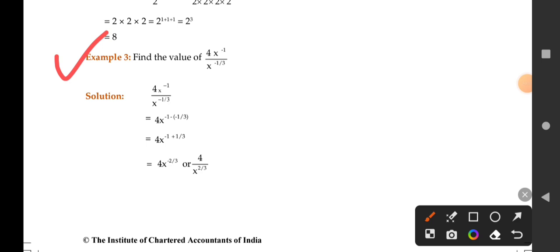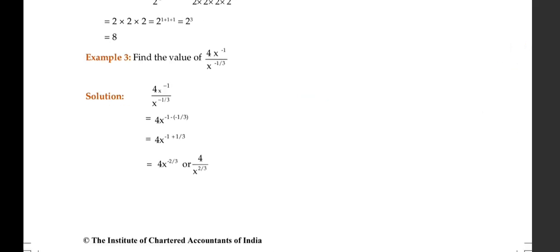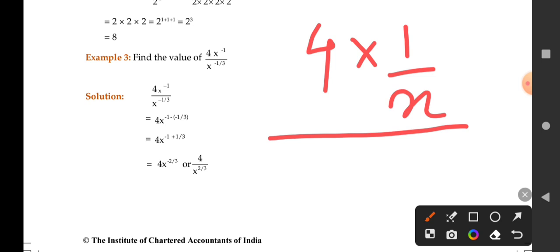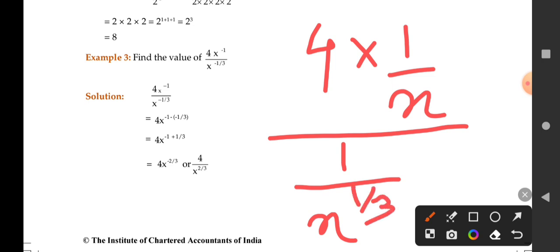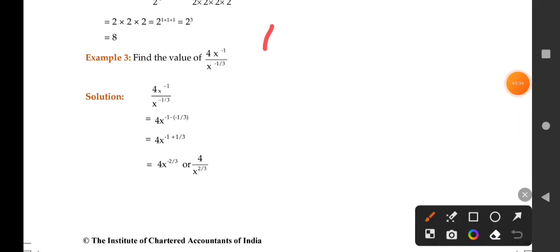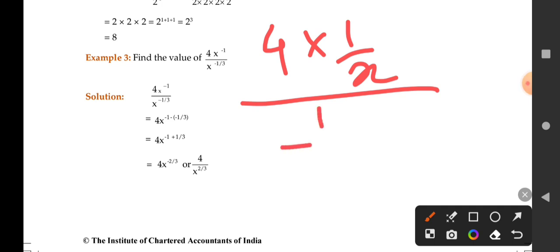Let's simplify and find the value of this. 4 into 1 by x whole divided by 1 divided by x raised to 1 by 3. This is going to flip.